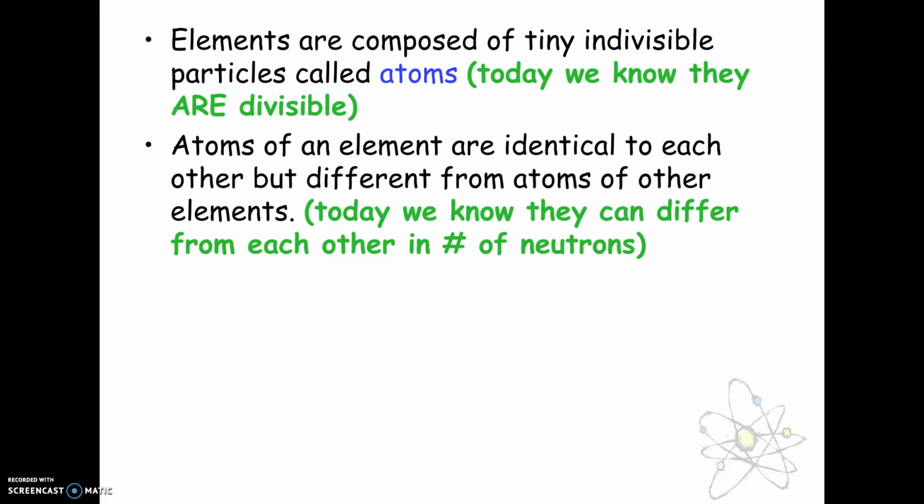Second, atoms of an element are identical to one another, but different from the atoms of other elements. In other words, an atom of oxygen would be the same as all other atoms of oxygen, but it would be different from atoms of carbon or gold or hydrogen. One minor thing that is different about this is that technically atoms of an element are not exactly identical to each other.